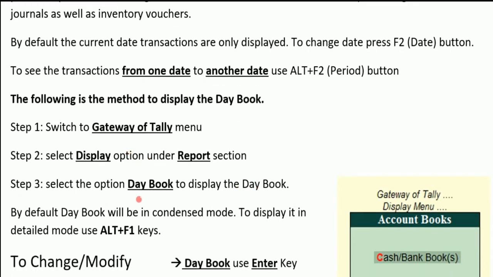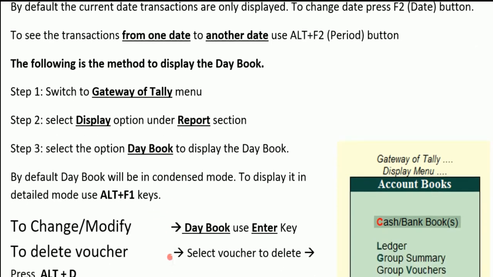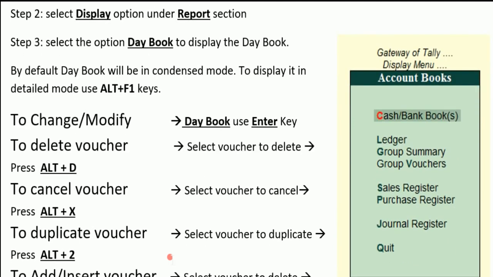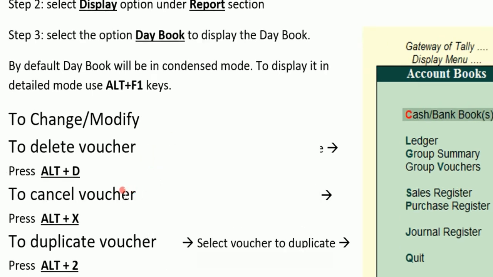How can we take the day book? Switch to Gateway of Tally, select the Display option under Report, then select the option Day Book. If you want, you can press Alt F1 to display it in detailed mode. And remember, in the Day Book, to change or modify, we press the Enter key on the transactions.